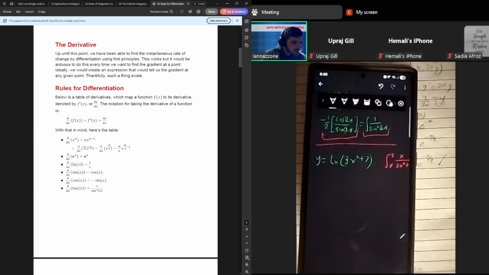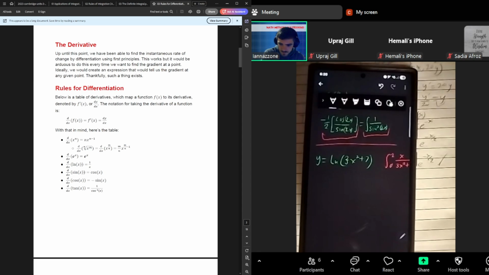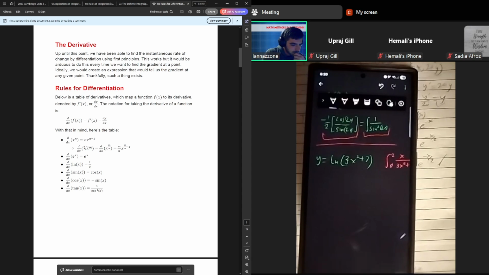I'll get a screenshot of that going. So I guess the first question to ask is, there's a couple of different rules that could apply to these more complicated derivatives. You've got chain rule, quotient rule, or product rule. What would be applicable here and why? Or even just what would be applicable? Then we'll go from there.